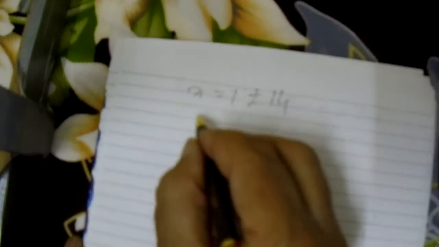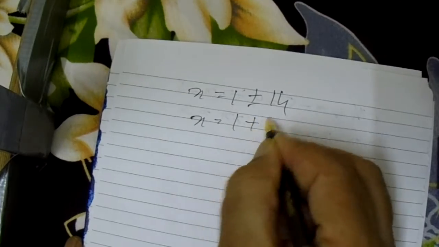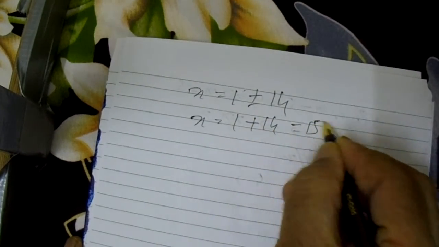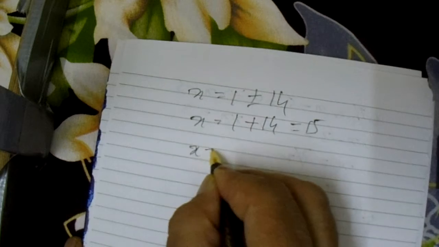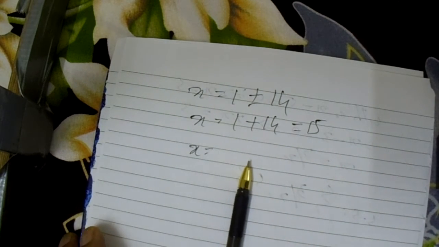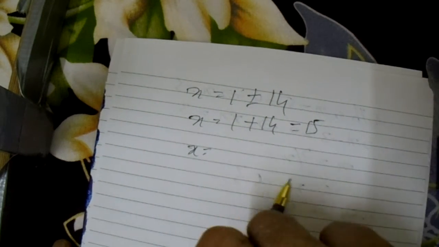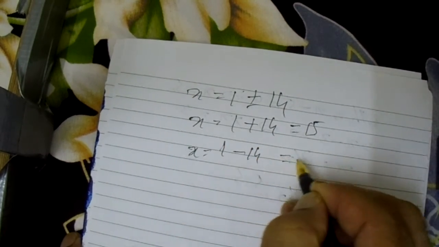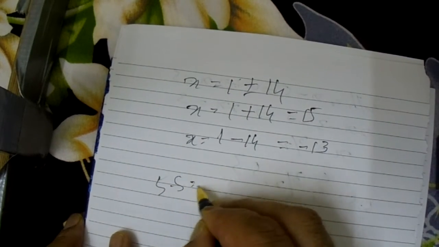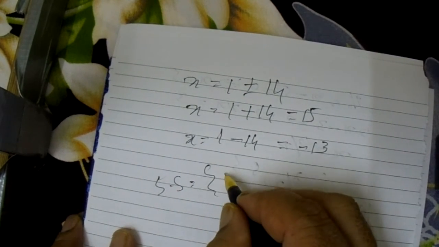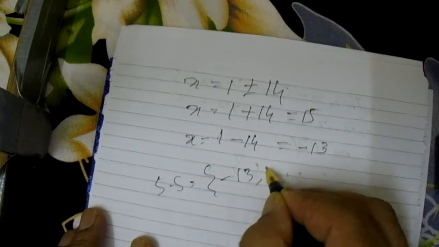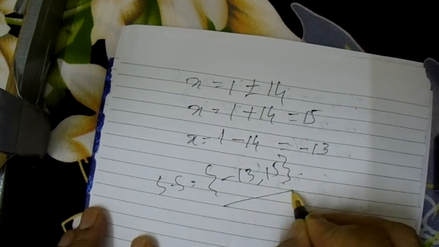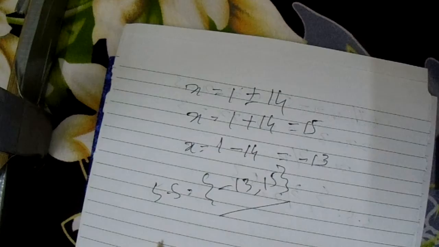Now x as a plus: 1 plus 14 is equal to 15, and x is equal to 1 minus 14, which is minus 13. Now the solution set is minus 13 and 15. This is the solution set of this part.